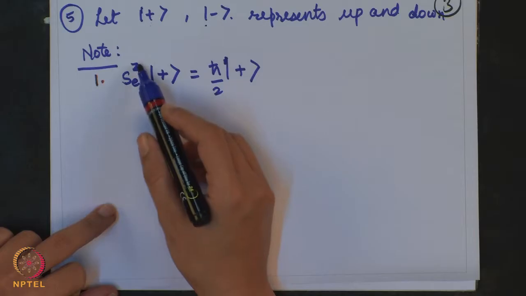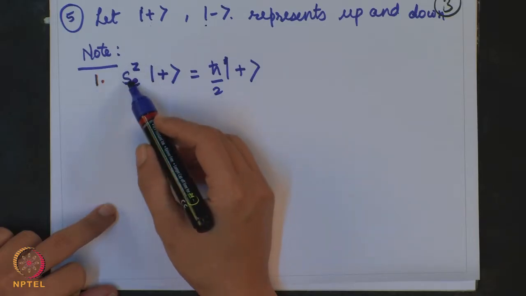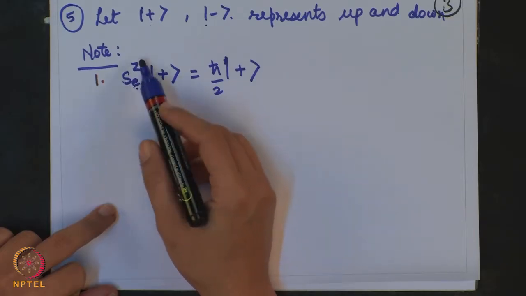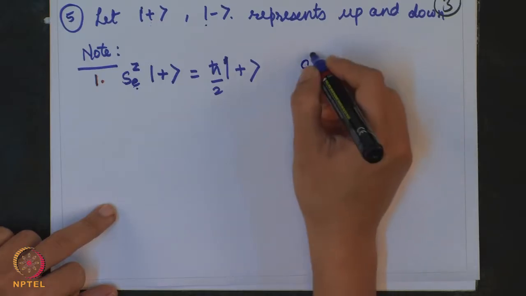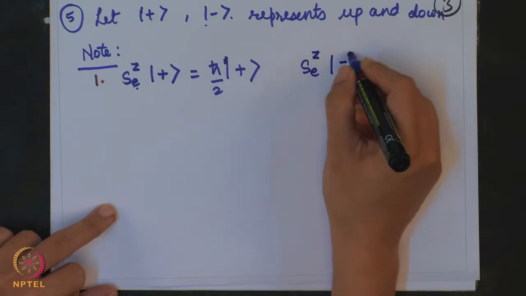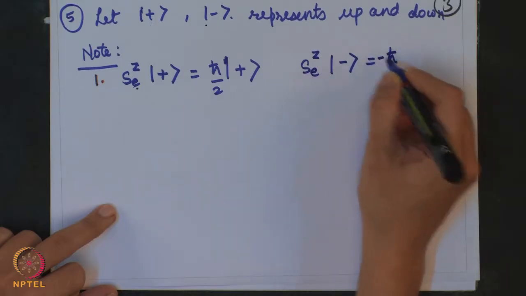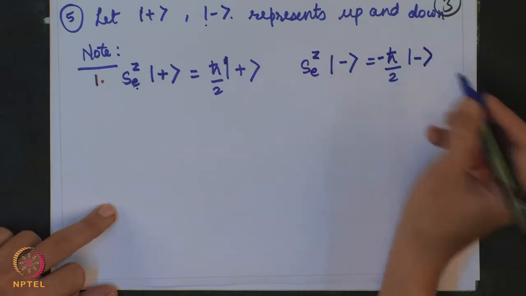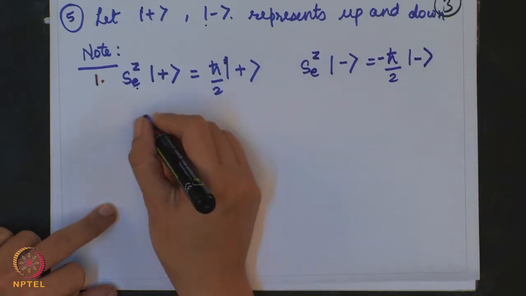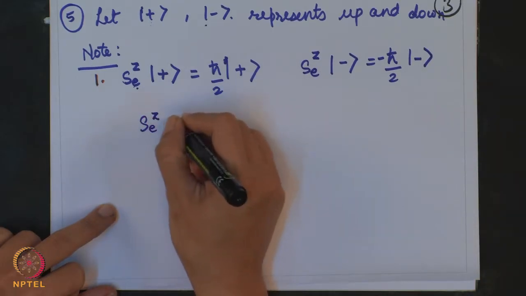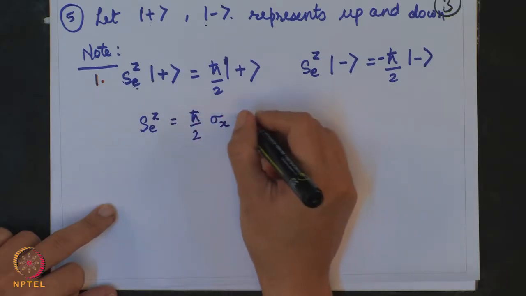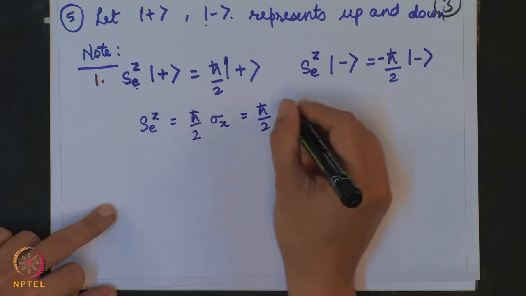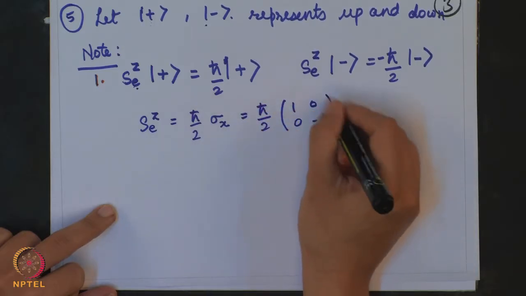So Sez will be the z component of the spin of the electron, and the minus state would give minus h cross by 2. And remember, Sez can be written as the Pauli matrix, that is 1 0 0 minus 1.